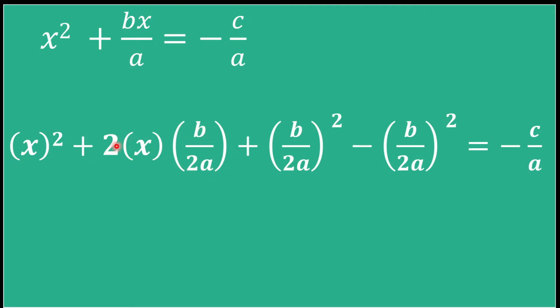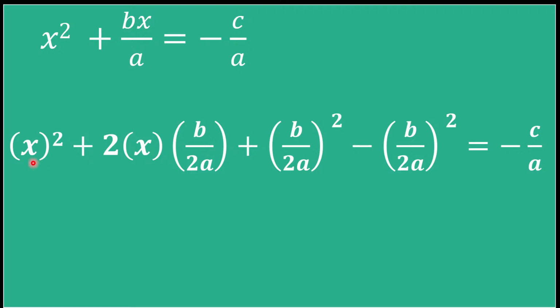But look over here, just for the time being ignore this 2. If we have 2xb divided by a, then this value is not equal to this value. So to balance this value, we will divide by 2 over here to cancel this 2. So therefore we will write b divided by 2a, and this value will be our b.